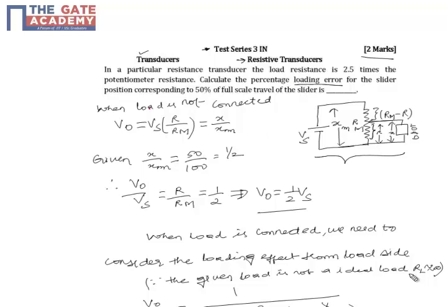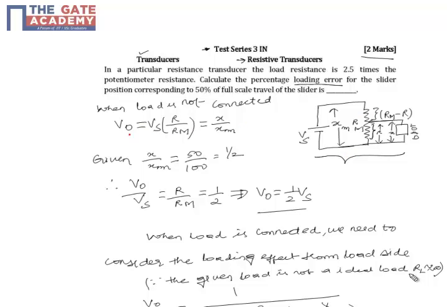So first we need to calculate, when the load is not connected, what is the output voltage. The output voltage is nothing but the supply voltage Vs times R by Rm, which we can clearly derive from network theory concepts. As the slider moves up you get more voltage, because voltage equals current into resistance. So the more the resistance, the more the output voltage.